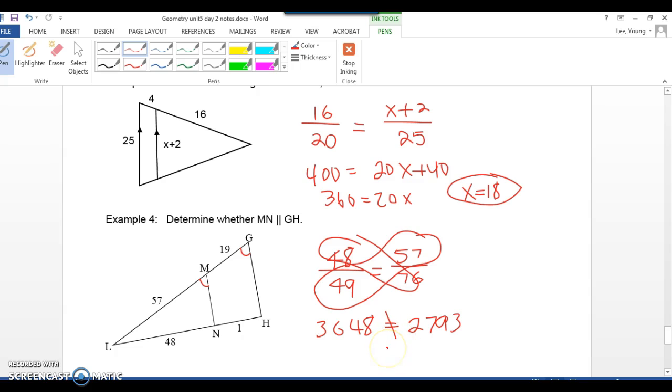Therefore, we can't say these two triangles are similar, and therefore we can't say MN is parallel to GH. So we have to say no, they are not parallel.